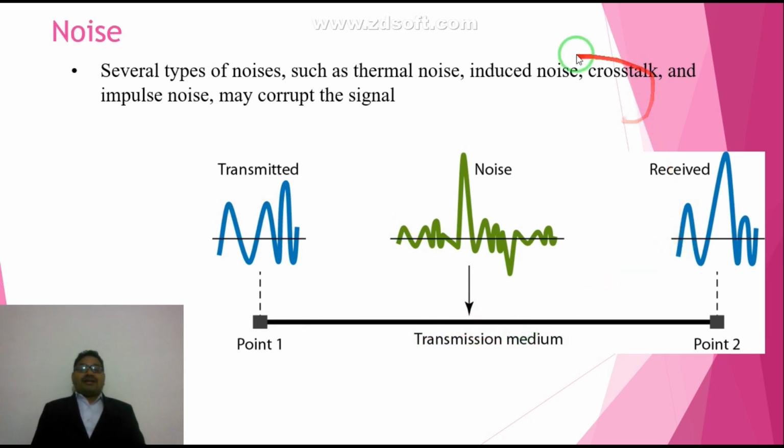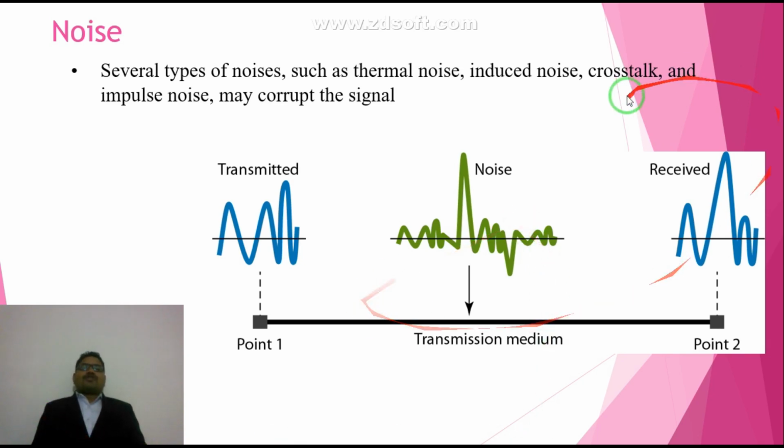Similarly, another is crosstalk. Crosstalk is the addition of a signal into your original wire by some other wire. If two wires run parallel to each other, it may happen that the signal present in medium 1 interferes and gets added to the signal traveling through wire 2.